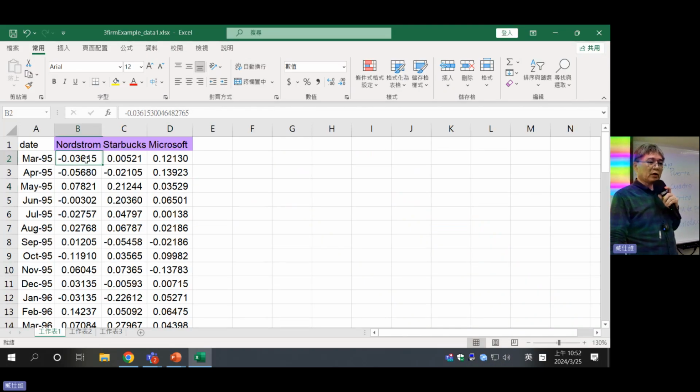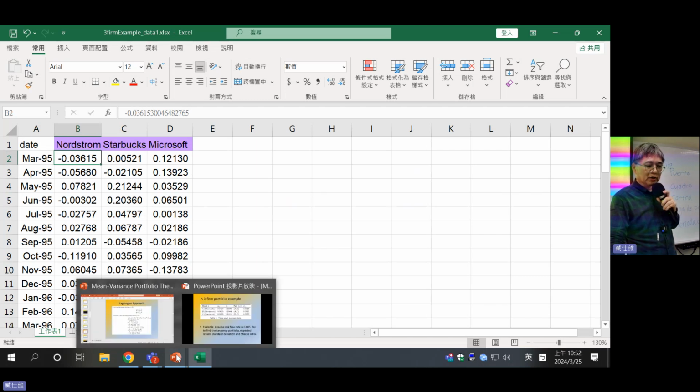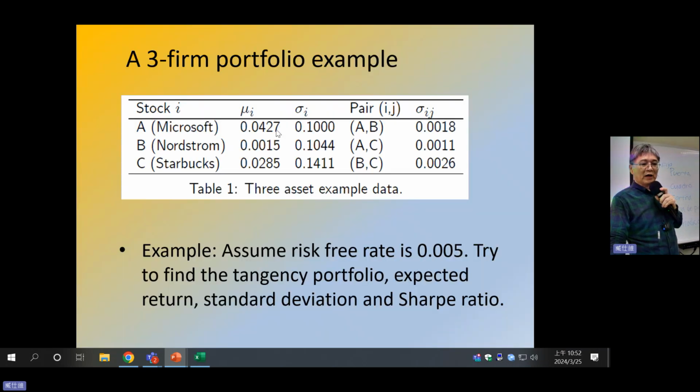This is the data you download, and you can also calculate the mean value for each stock, and also you can calculate the covariance for the 3 stocks, and finally you will get values like this one. So you can also verify if the numbers here are correct or not. But basically, it's pretty close. You can just verify the results.